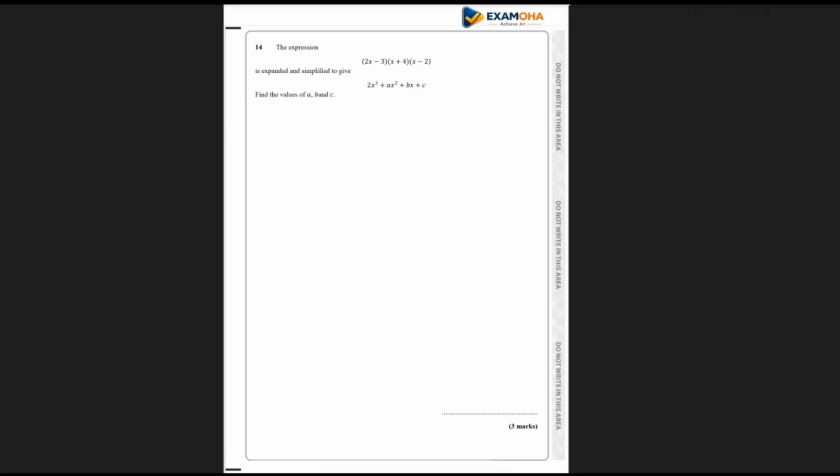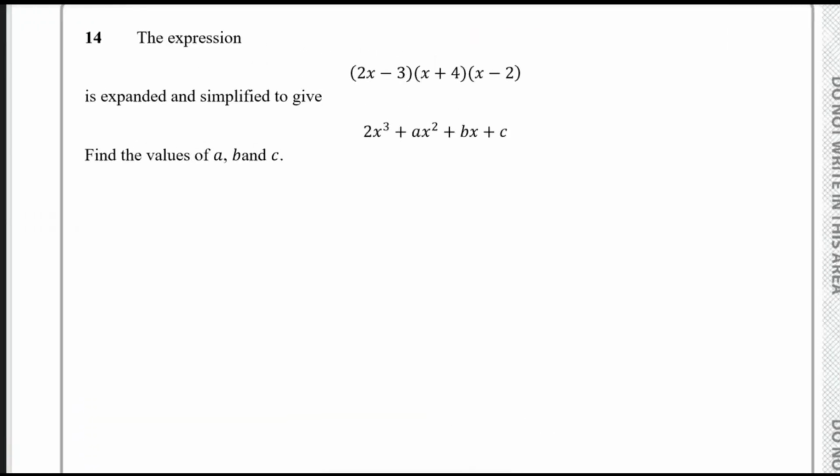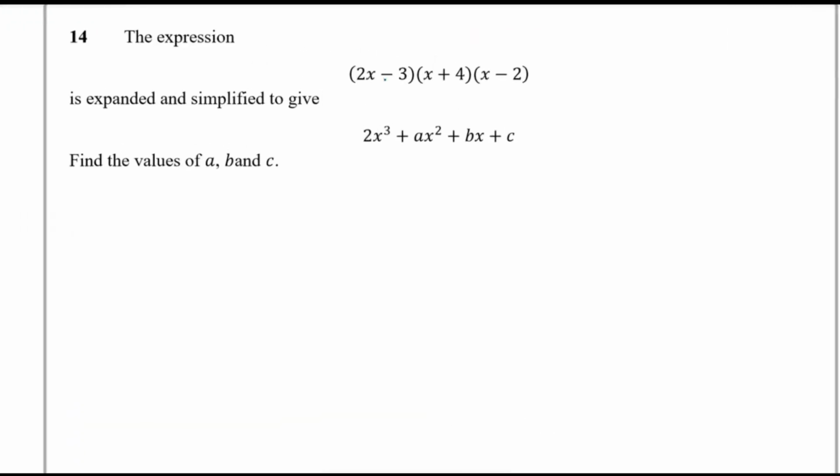This is a straightforward question, as this expression has been expanded to give this formula here. You don't care too much about what you'll get. What you need to do now is just to expand this part here.